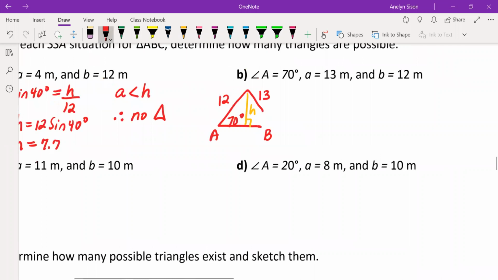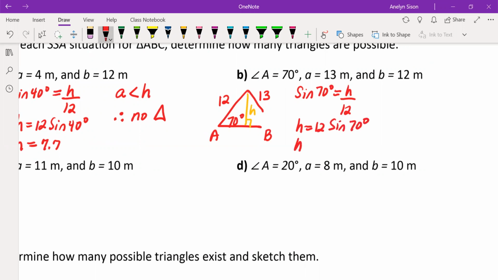Sine of 70 equals H over 12. Always the half pair you divide. So H is equal to 12 sine 70 degrees, which is 11.3.